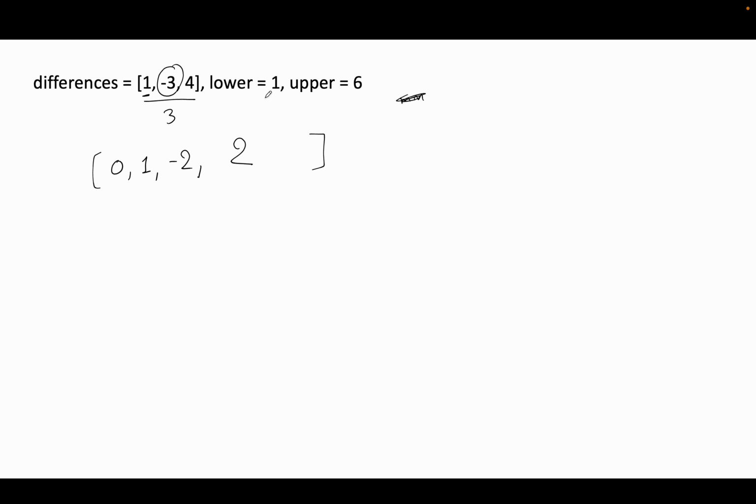Now here the minimum is minus 2 and actual minimum value is 1. So we need to increment it by 3, so that it becomes 1. And this will become 5. This will become 4. This will become 3.